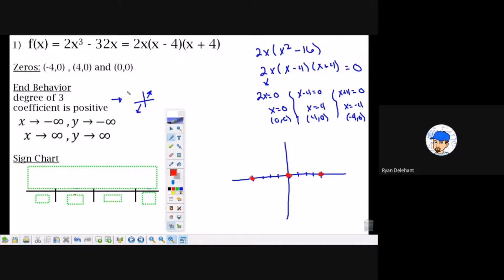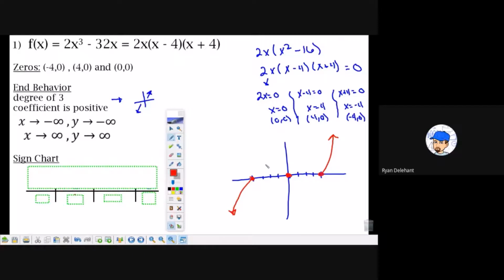And from looking at the lead coefficient, we know that the left end should point down. And we know that the right end should point up. The only part of this sketch that we're missing is what happens in the middle.